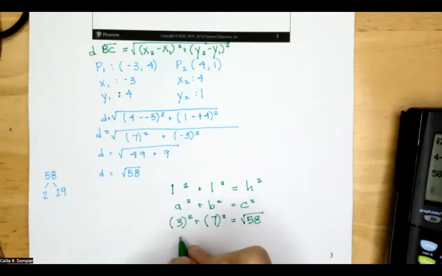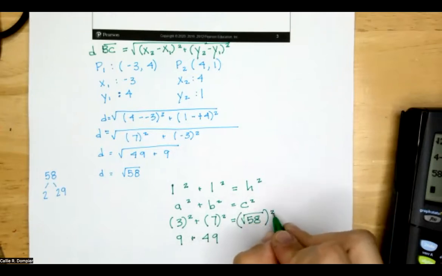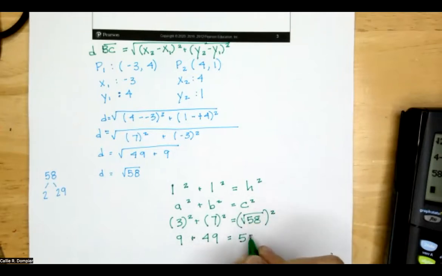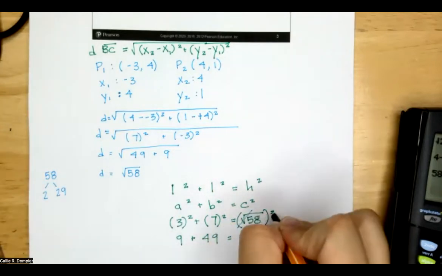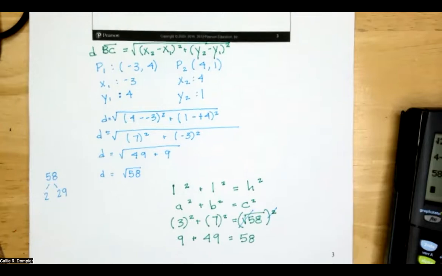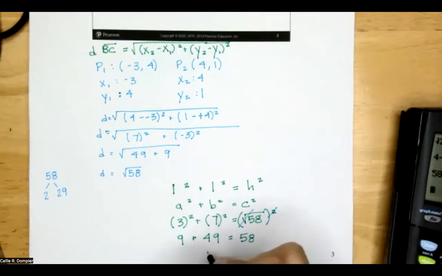Good. So 9 plus 49, and then you have to square it, equals 58, because squaring that 58 eliminates the square root symbol. 9 plus 49 is 58, so 58 is equal to 58, so it is a right triangle.